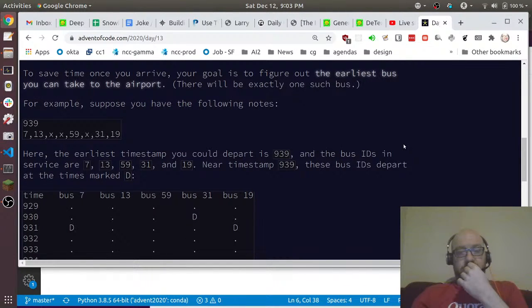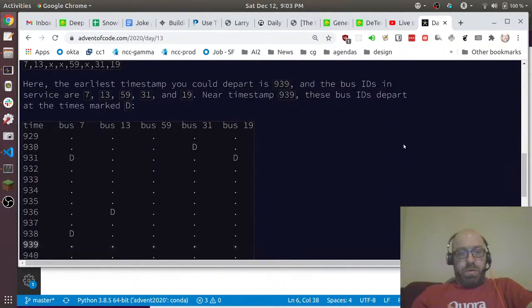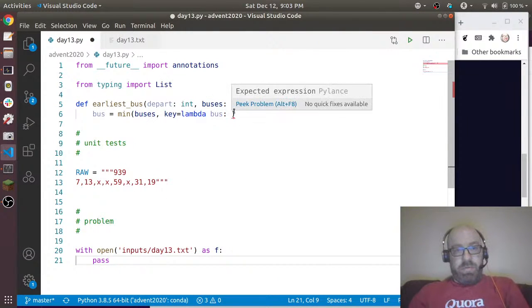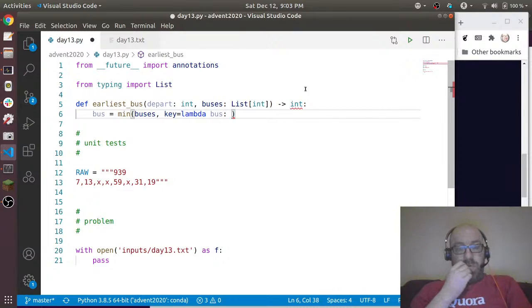So I want to find, so if I do 939 mod 7, this will be 2, so I think it will be 2 things.